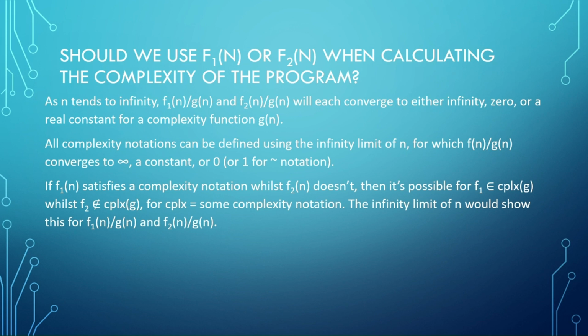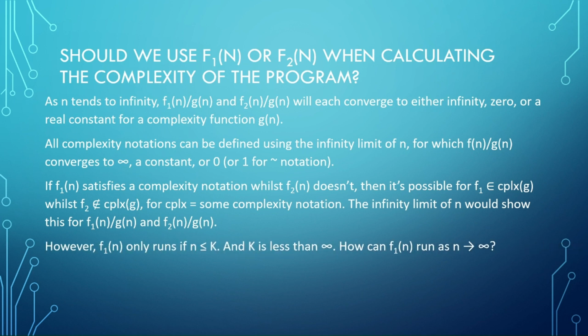So because all 5 complexity notations can be defined in terms of infinity limits, theoretically we should be able to use the infinity limit to show whether f1 of n is of complexity g, and the same for f2 of n. Hang on, f1 of n only runs if n is less than or equal to k, and k is less than infinity.